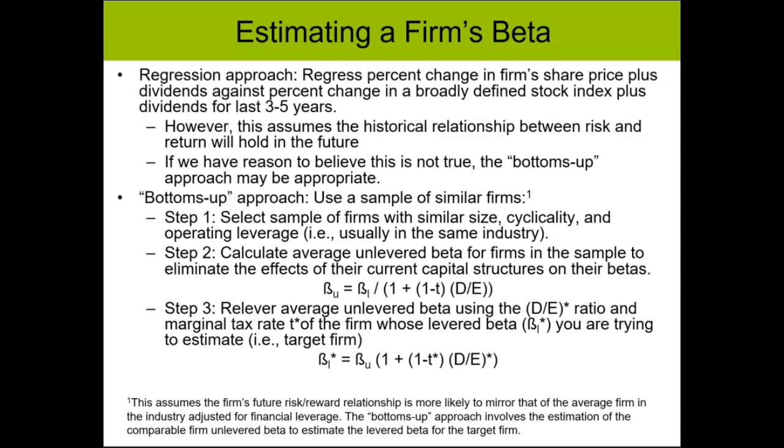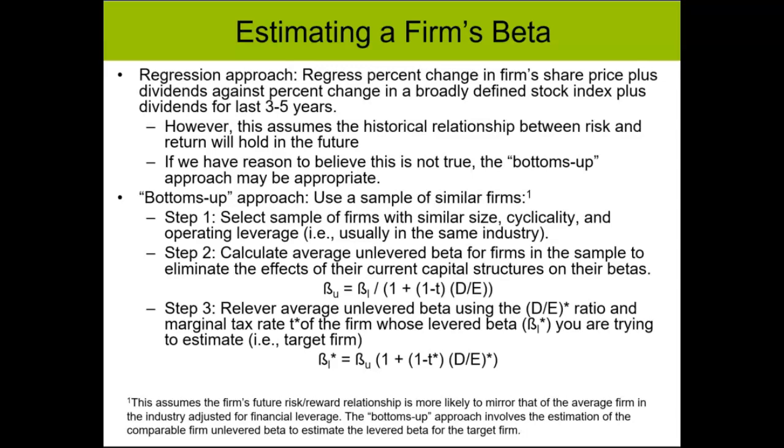That is, the business risk, that is cyclicality and operating leverage only, associated with the average firm in the industry. So we use a sample of firms. So we use what we call a forward-looking beta based on 3 steps. In step 1, the analyst selects firms which are similar in all respects except for financial leverage.